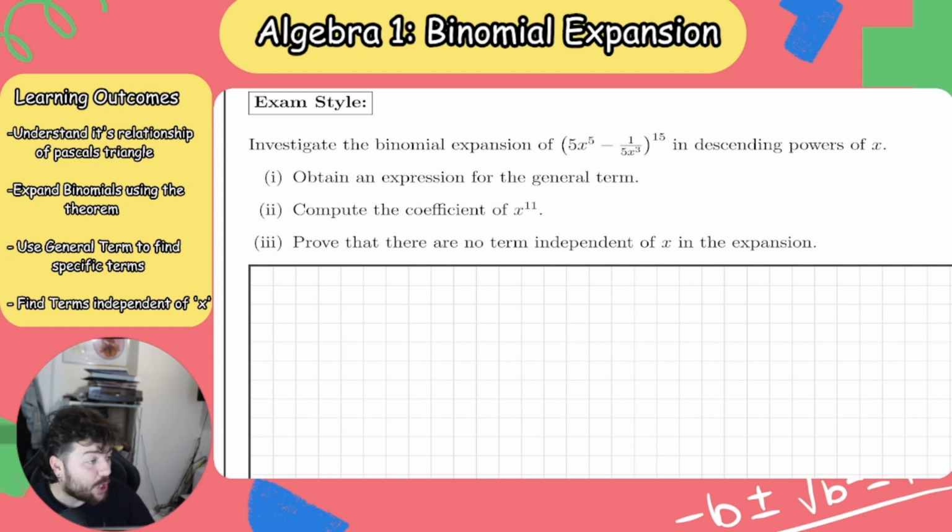Right, let's look at some exam style questions. So investigate the binomial expansion of 5x to the power of 5 minus 1 over 5x cubed, all to the power of 15. So first of all, I don't like this. I want to rewrite this.